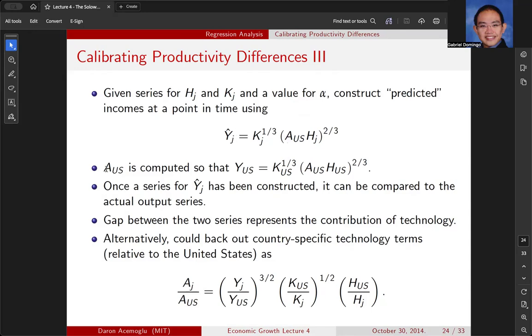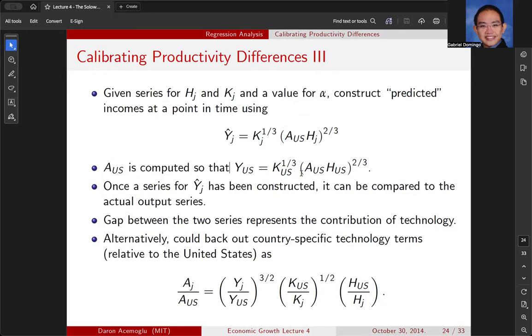Now, AUS, or the technology of the United States, is computed so that Y, or GDP for the US, will exactly equal KUS, the capital stock of the United States, times AUS times HUS raised to two-thirds. Right? So AUS is a number that makes sure that the left-hand side, the actual US real GDP, is equal to the right-hand side, which is the Cobb-Douglas function here.